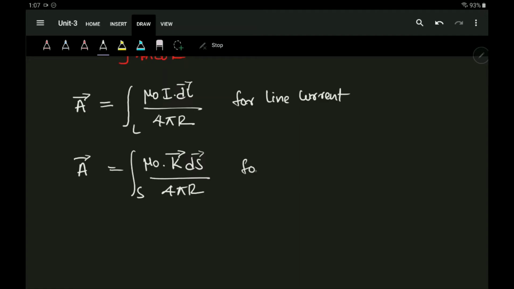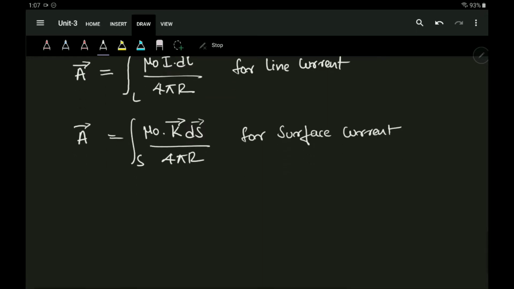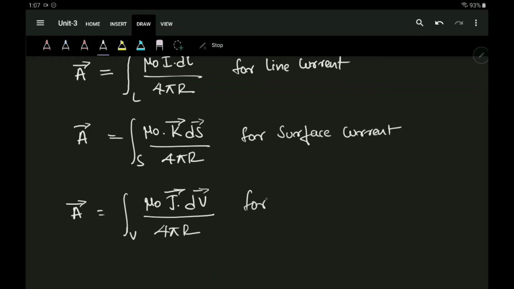So this is for surface current. Similarly, if I want to solve for the volume current, I can consider a volume integral over the current density J times that particular volume where I am solving it, divided by 4 pi r. So this is for volume current.